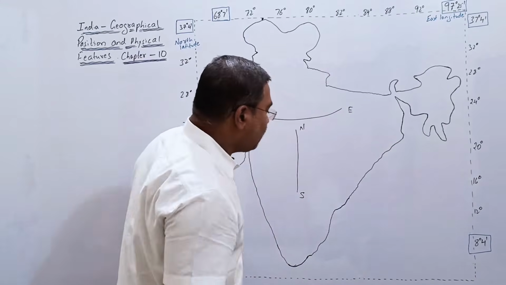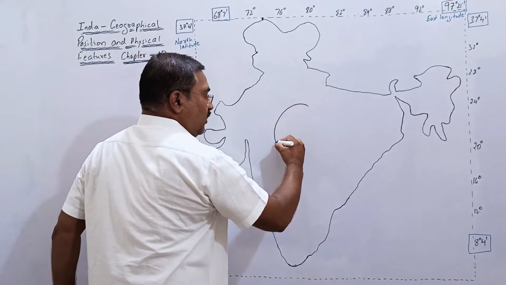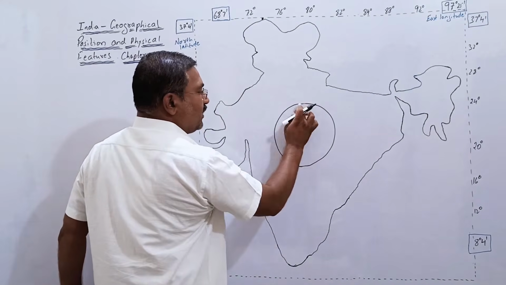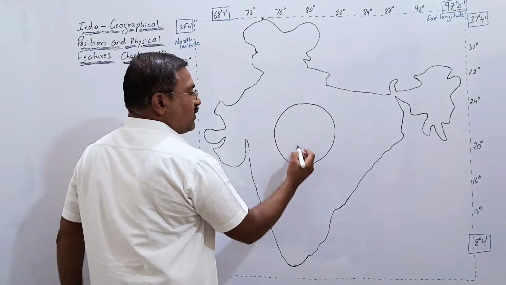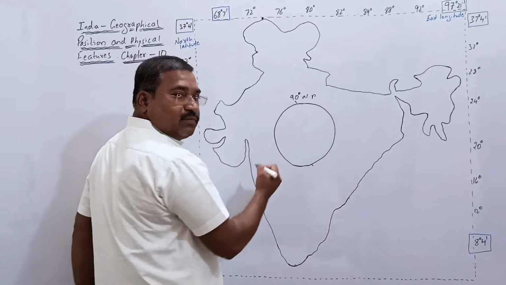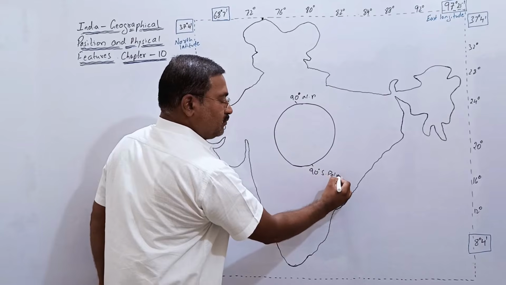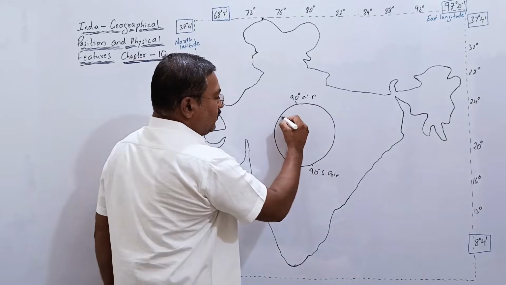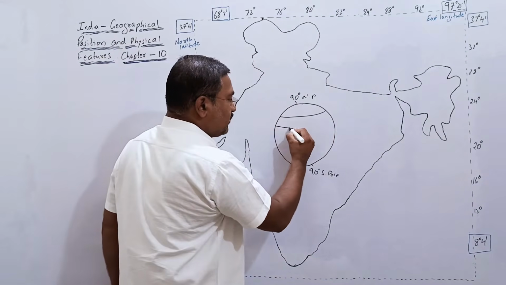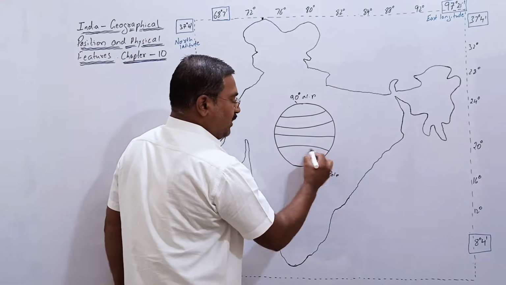If we move to the globe, we can understand more easily the latitudinal as well as the longitudinal. 90 degree North Pole and 90 degree South Pole. The lines which pass from the west towards the east or from the east towards the west, we call these lines latitudinal lines.